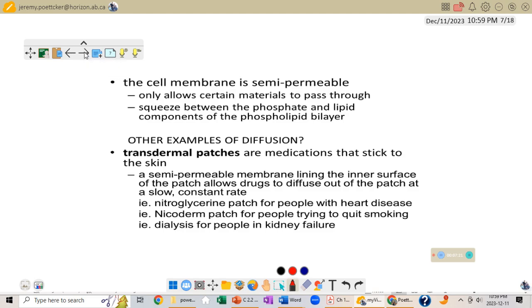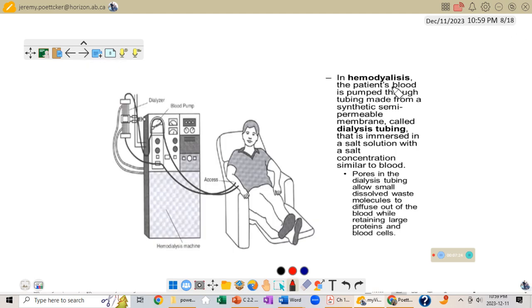How does dialysis work? Well, in hemodialysis, a person's blood is pumped from their arm through a pump, and it goes through what they call a dialyzer, and eventually through a hemodialysis machine. The dialysis tubing, which the blood flows through, is immersed in a salt solution with a salt concentration similar to blood.